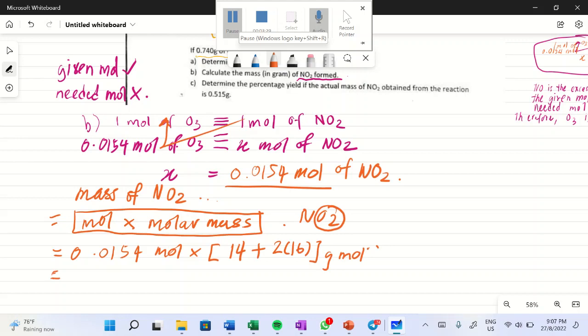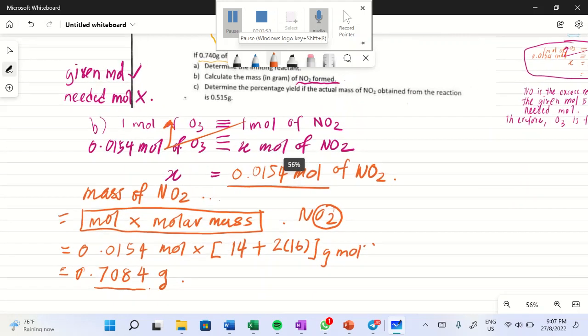And every single thing I write here is your mark, so don't lose your mark by careless mistakes. So we press the calculator and we get 0.7084 gram. You can take at least 4 decimal places.